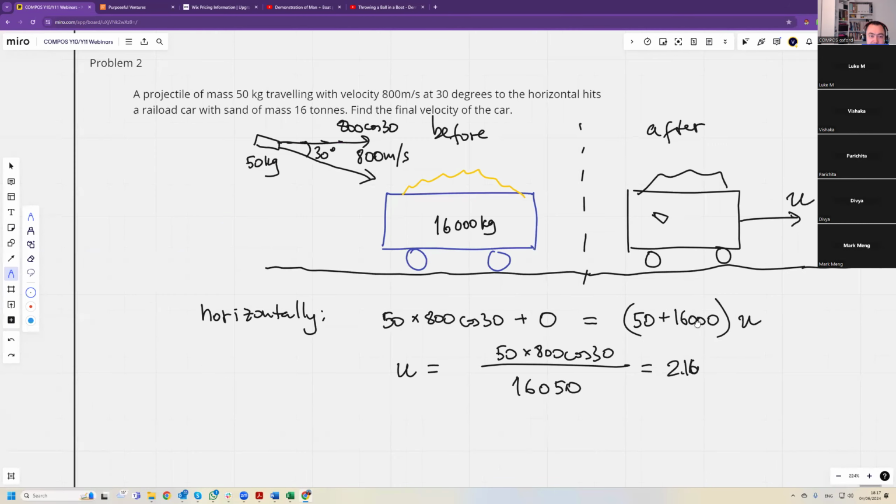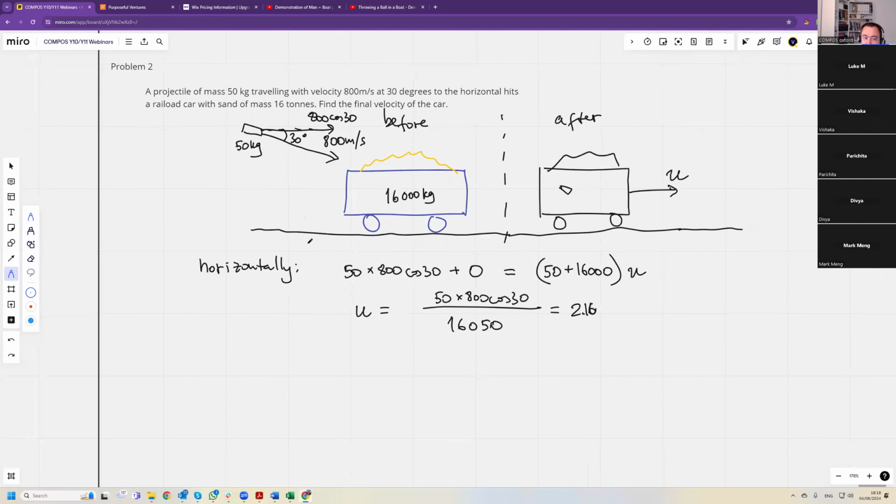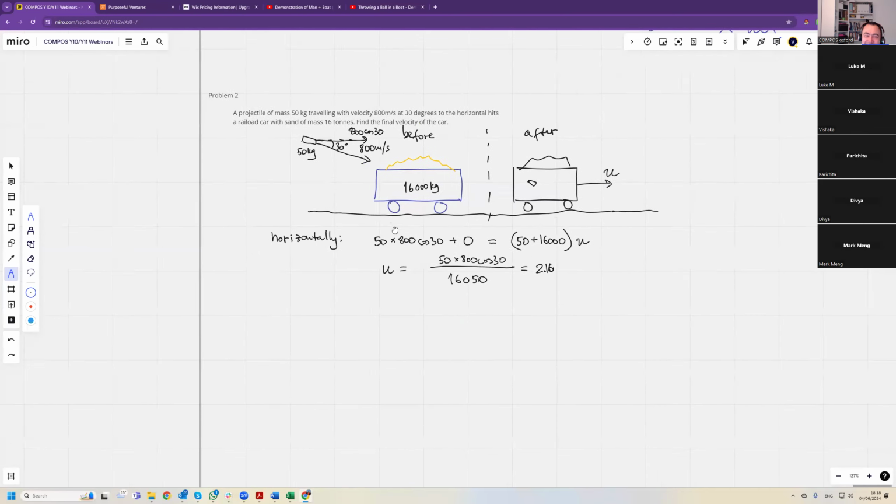The solution would not matter. If you had a projectile being fired from the bottom, the horizontal velocity is still 800 times cos 30, so it wouldn't make any difference which direction it is traveling. But it would be really weird if somebody was firing a projectile from the bottom. More likely from the top.